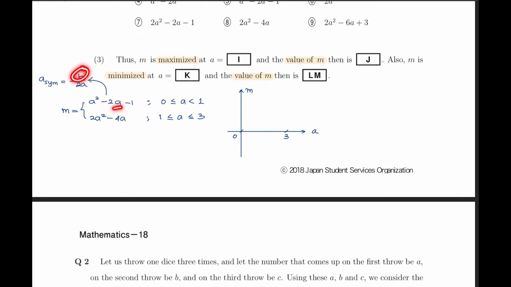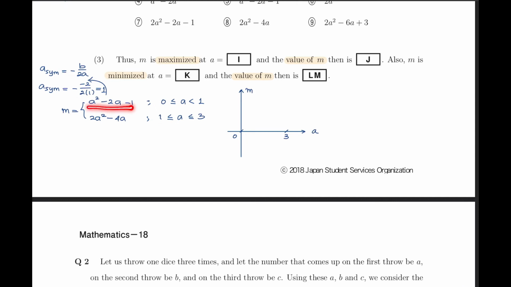Remember, b is the coefficient of a, and a is the coefficient of a squared. By using this formula, I will get the axis of symmetry equals negative b, which is negative 2, over 2 times 1. Negative times negative 2 is 2. 2 divided by 2 is 1.